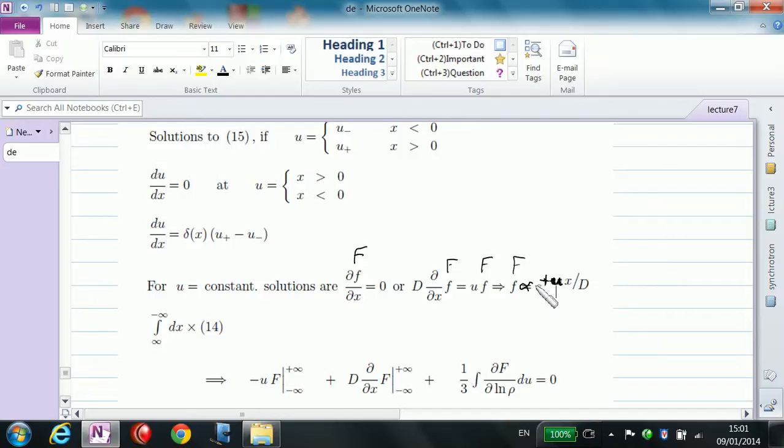U is always positive by definition. I picked the shock so that it flows from x equals minus infinity, towards positive velocity. Now, if I pick this solution downstream, it blows up to infinity well downstream. And I don't want that solution.